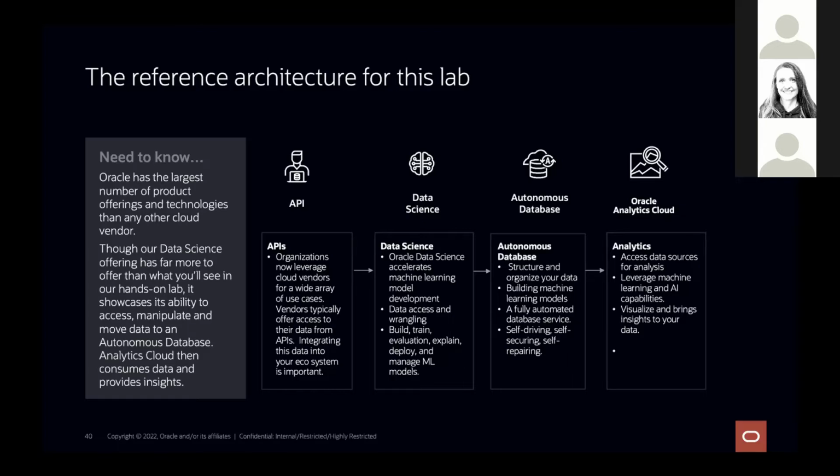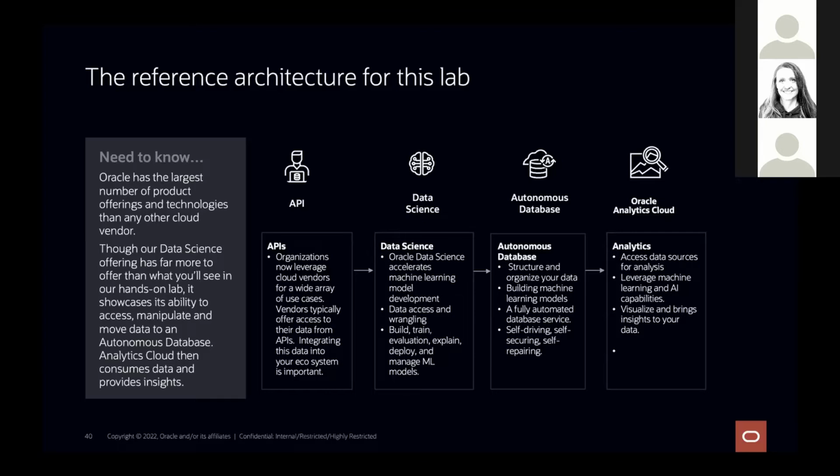Typically, you'll use it to access your data and do some wrangling of the data, but you'll also build, train, and deploy models. We have a model catalog to store any model and the ability to infer data by calling endpoints that will do all the inference. So this is a nice contained service for doing data science type of work. And we'll load up a notebook that you'll actually pull all the data from, and you can step through that.